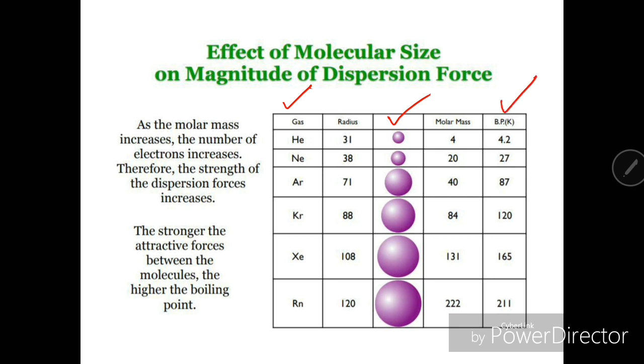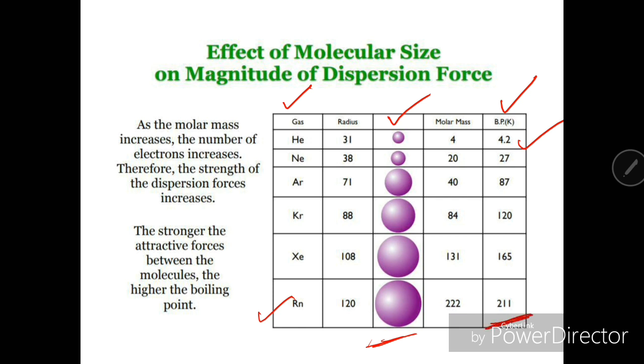You can see from the table, helium, being smallest in size, has the least surface area of the atom, and therefore the weakest intermolecular forces, so the boiling point is least. Whereas radon has the biggest atomic size, so the biggest surface area, and therefore the maximum dispersion forces are found, and therefore the maximum boiling point of this species.